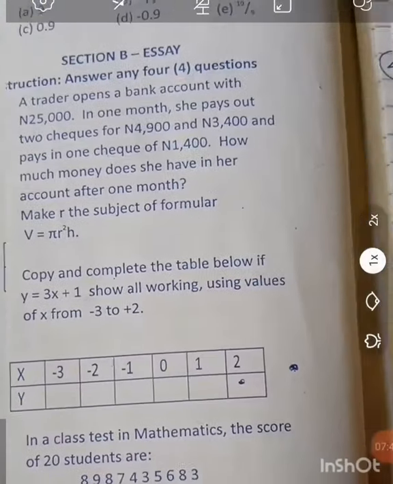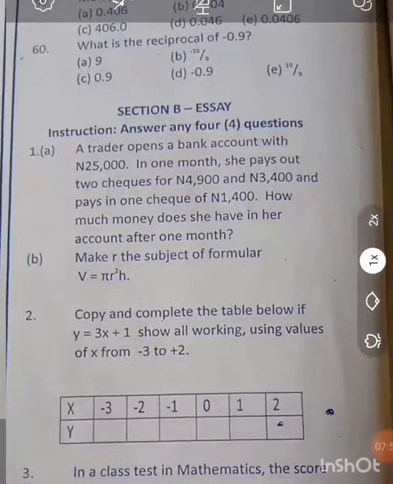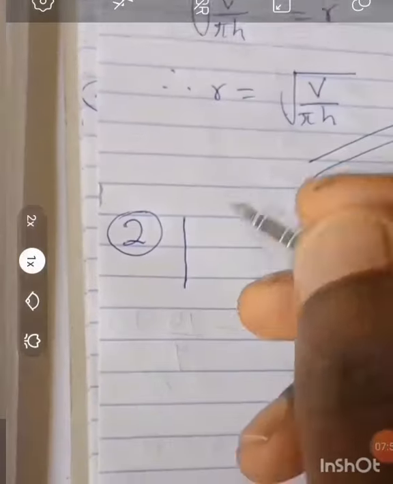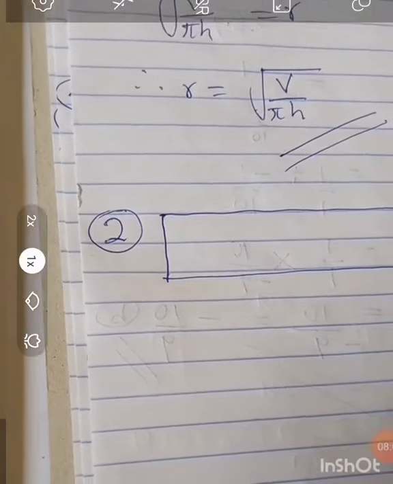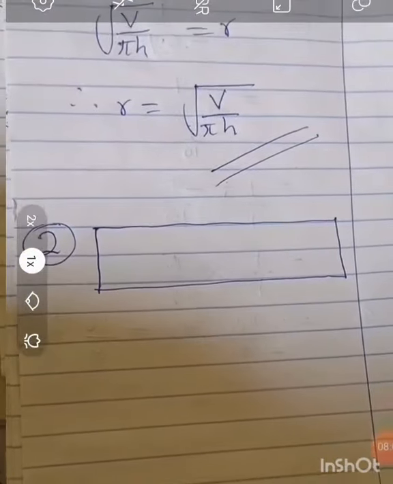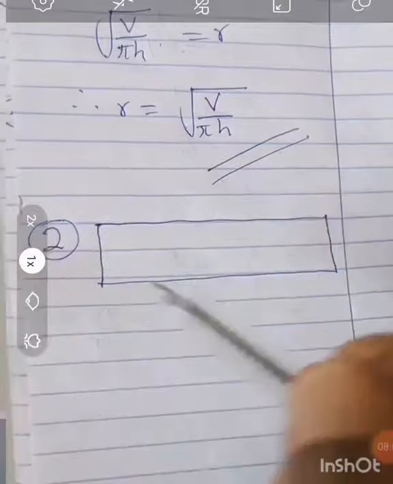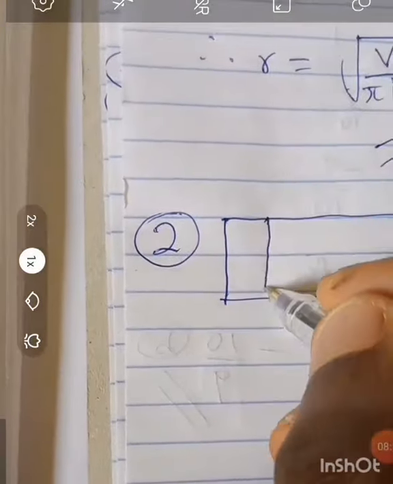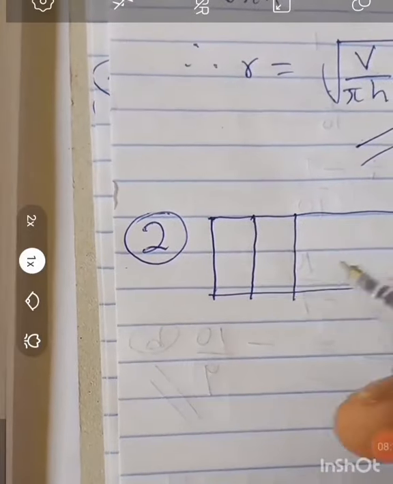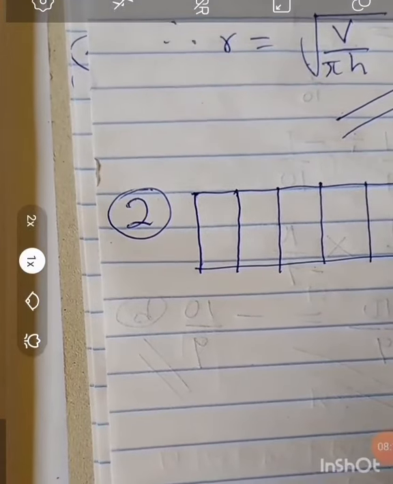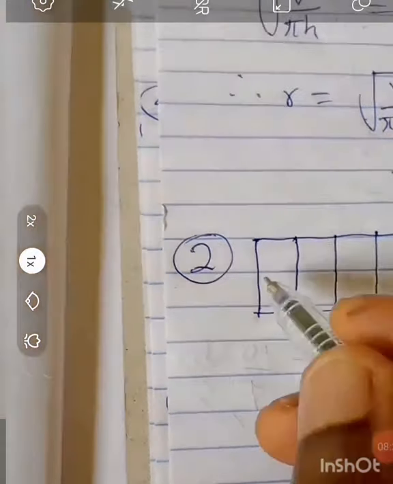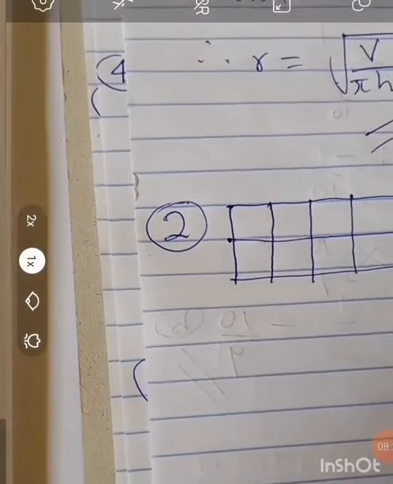So question number 2. First we draw the table. Get a ruler and draw the table. How many are there? 1, 2, 3, 4, 5, 6, 7. So I draw that.